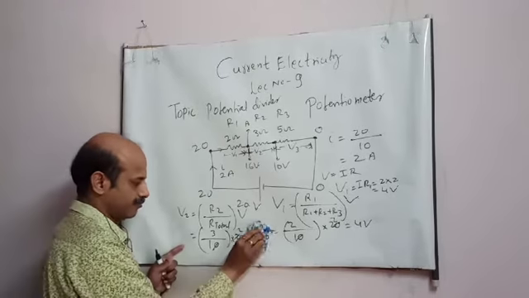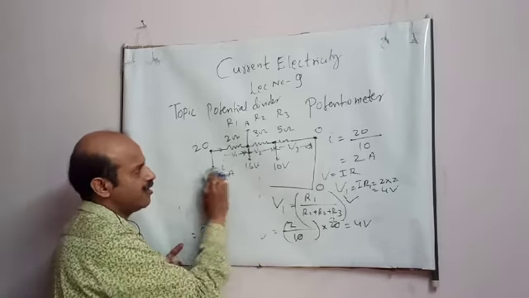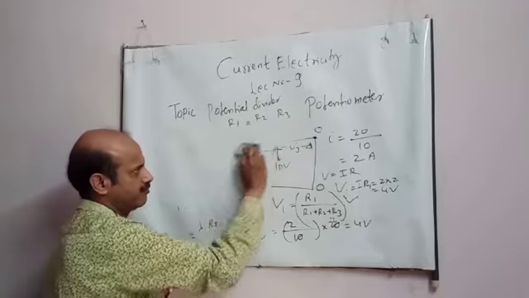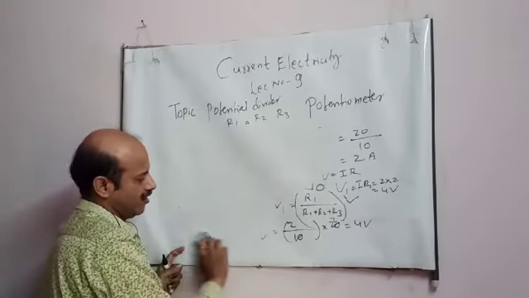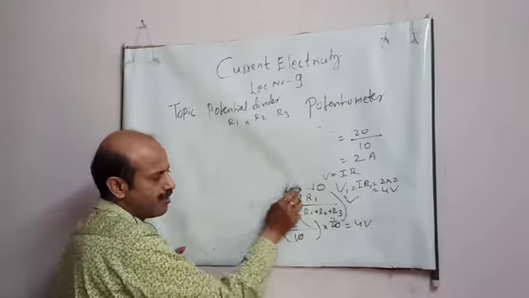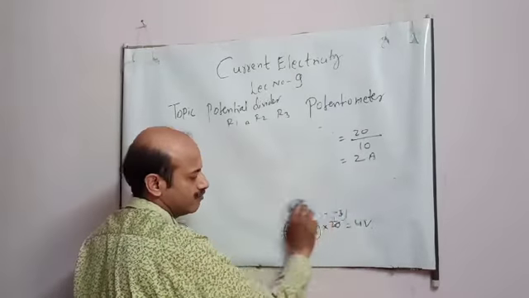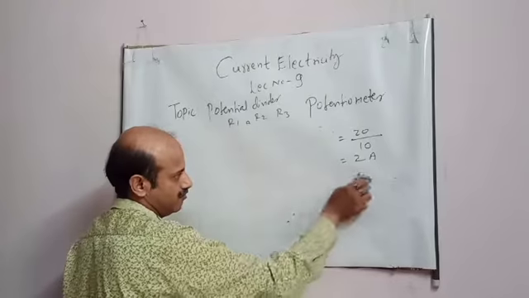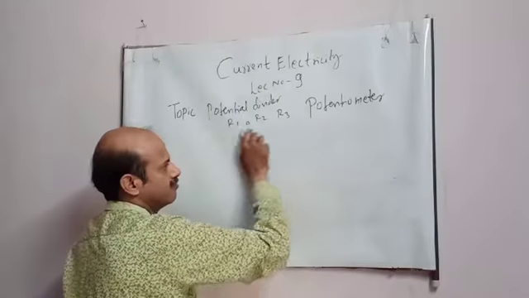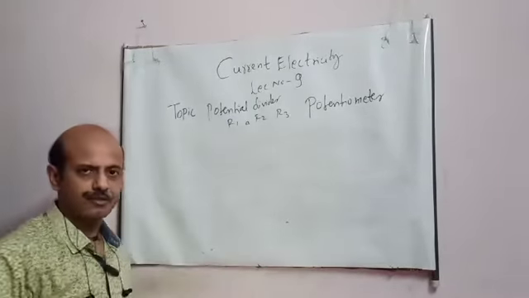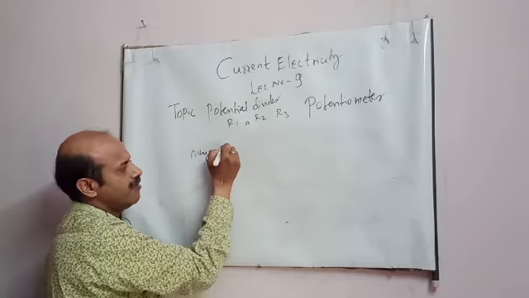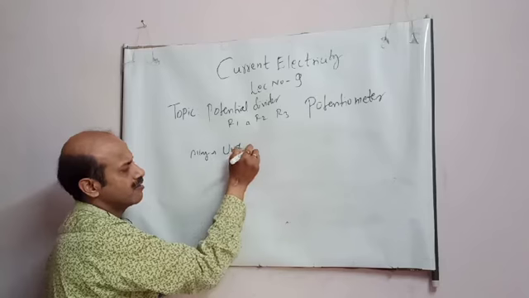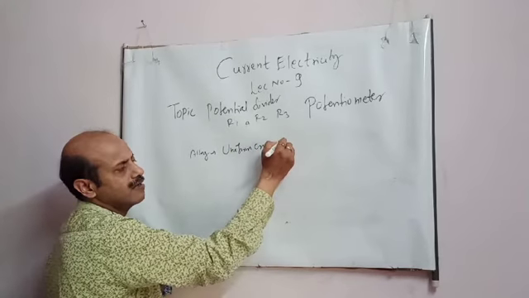Now student, what I am doing is now I am taking a wire having uniform cross section and composition. Say a wire made of alloy, having uniform cross section and material.